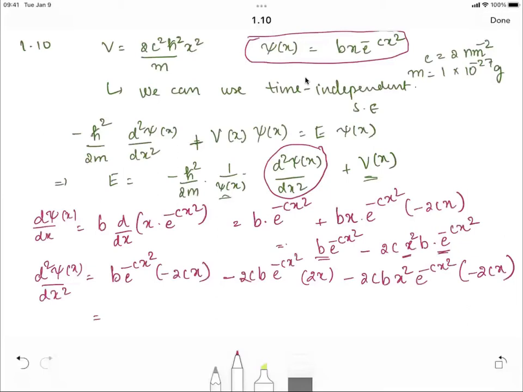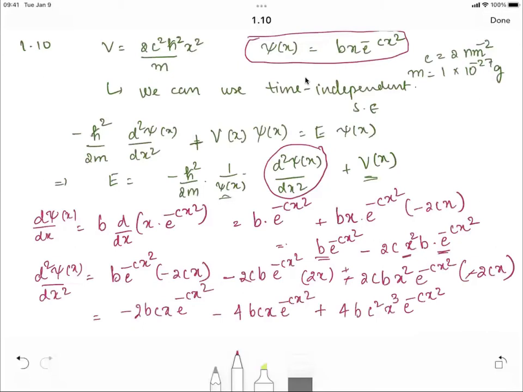So let's simplify the terms and see if something can be clubbed. For x squared, I have negative and negative, which would be a positive. So 4b c squared x cubed e to the negative cx squared. So this will be the second derivative.